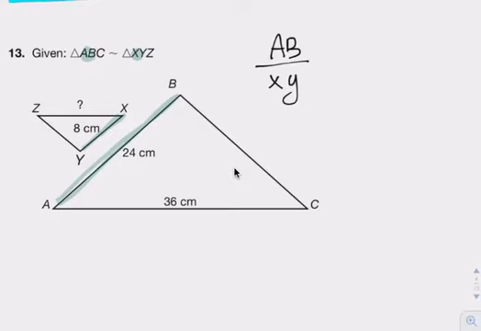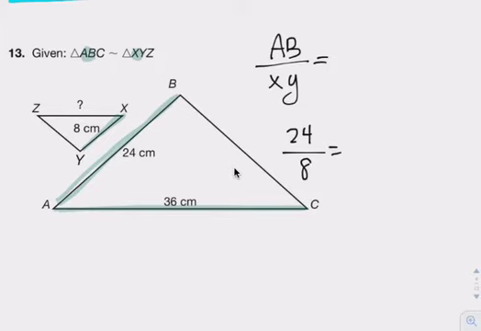Okay, and we know the length of those. AB is 24, over XY, which is 8, and that is equal to, we put the big triangle first because AB is the big triangle.